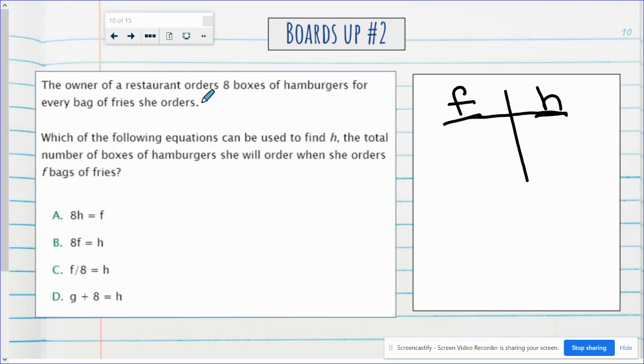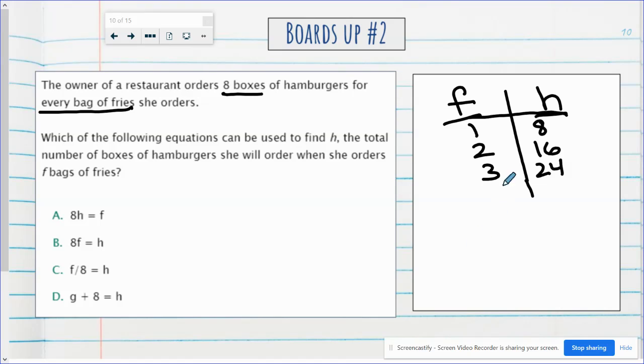They buy 8 boxes of hamburgers for every bag of fries. So for 1 bag of fries, they buy 8 boxes of hamburgers. If they bought 2 bags of fries, they would buy 16 boxes of hamburgers. 3 bags of fries, they would get 24. For every 1 bag, we're going to increase the hamburgers by 8.